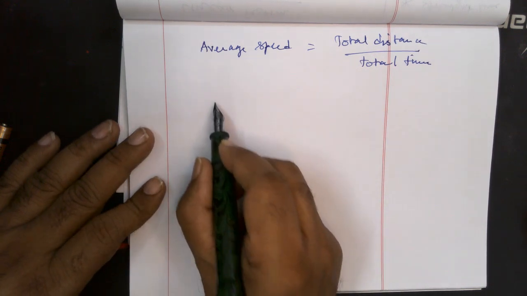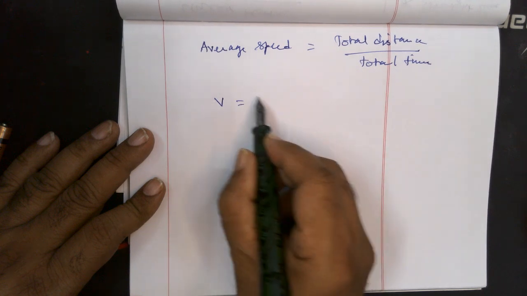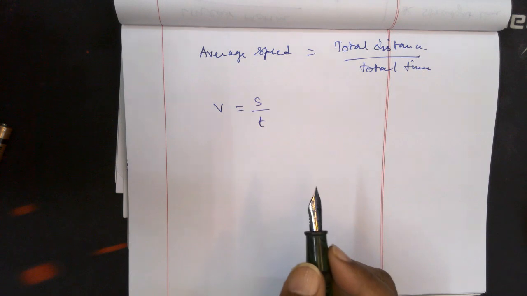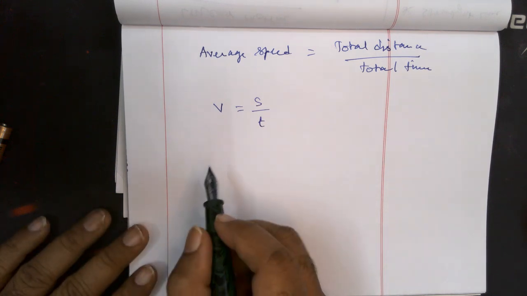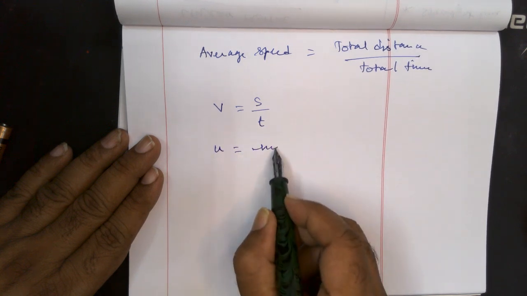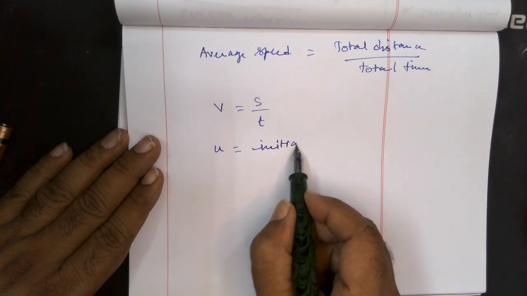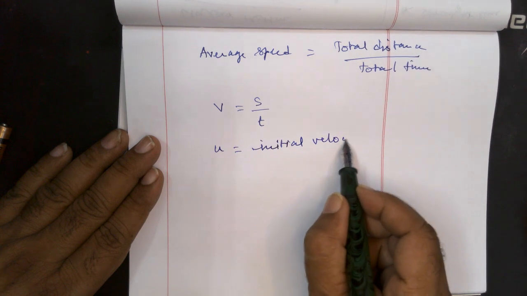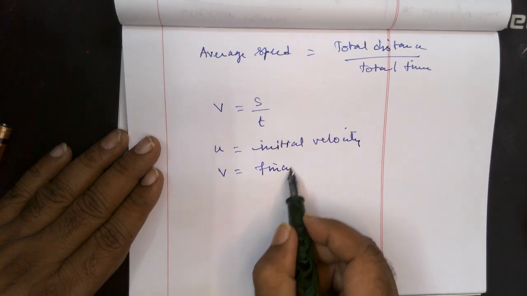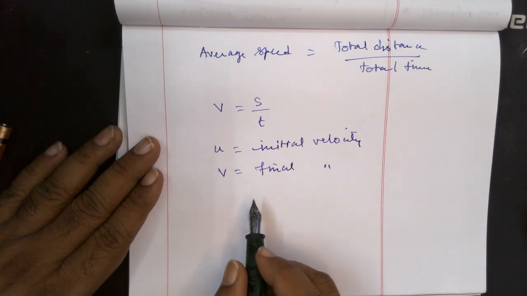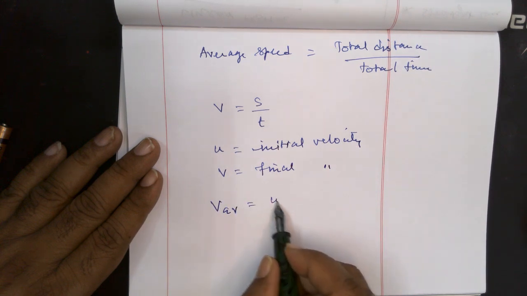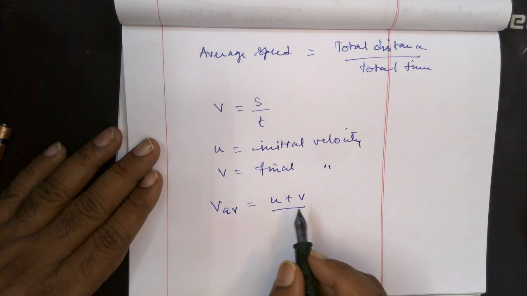And usually velocity is represented by v, so v is equal to s divided by t. And we used to call initial velocity u, V, final velocity. And the average velocity is given by initial velocity plus final velocity divided by 2.